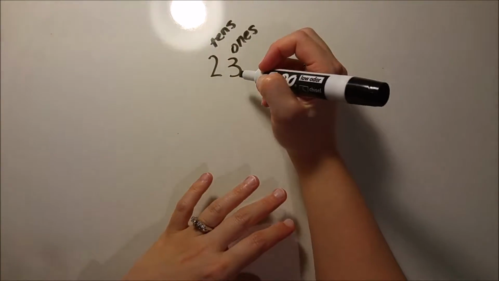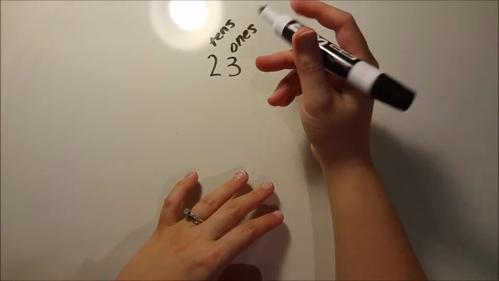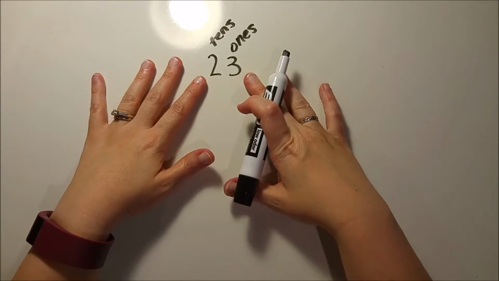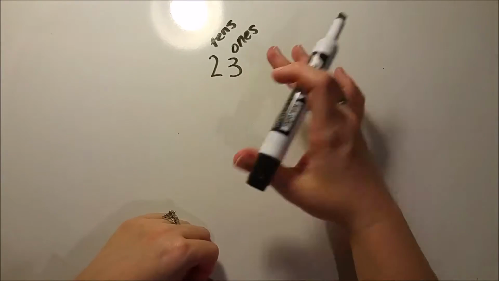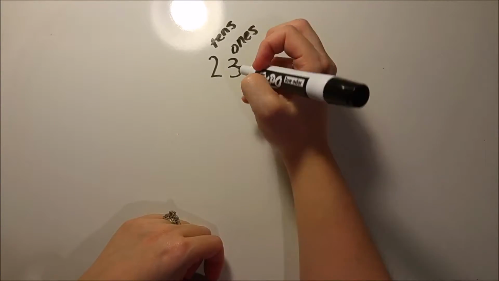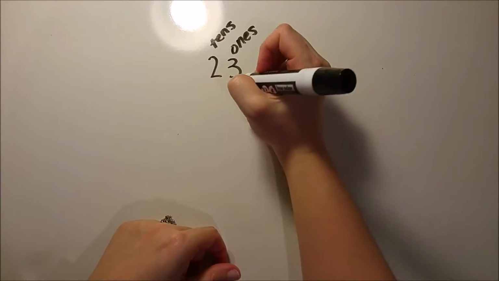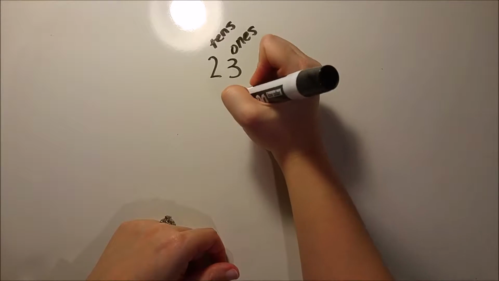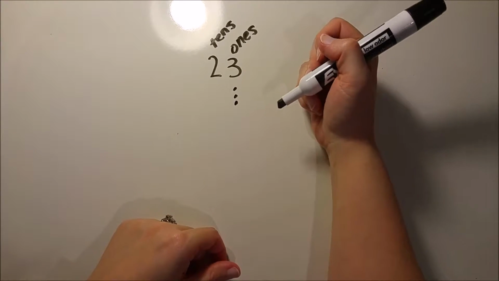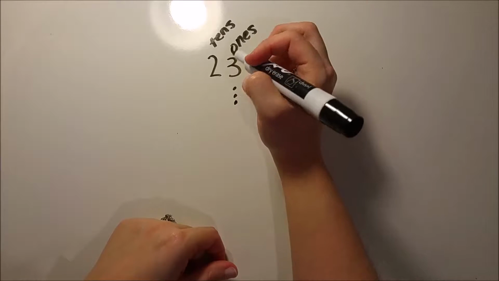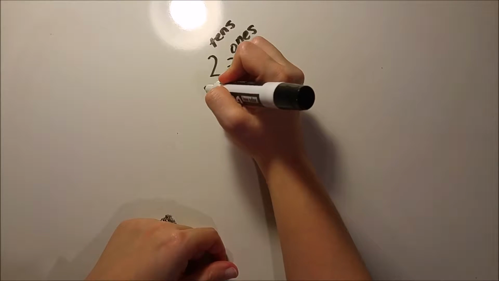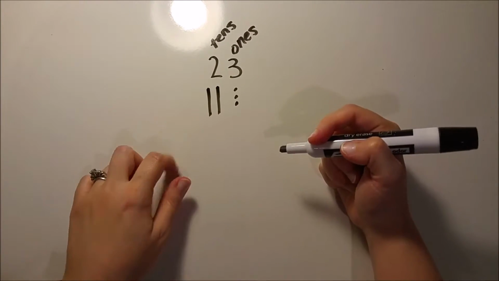If I wanted to represent this with something other than numbers, I would use dots or little tiny squares for the ones. There's 3 of those. And sticks for tens. And there's 2 of those.